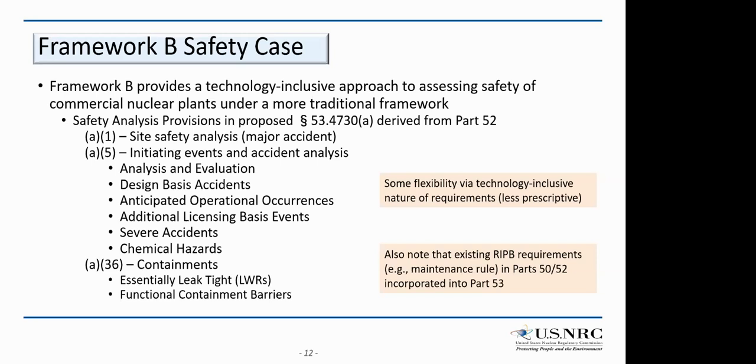There's a requirement to address additional licensing basis events. We're trying to avoid some of the confusion that's been introduced by using the term beyond design basis events or beyond design basis accidents, calling them additional licensing basis events.